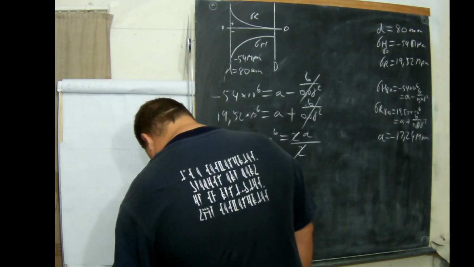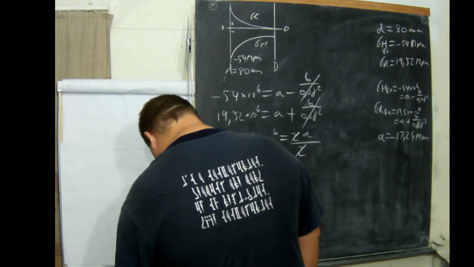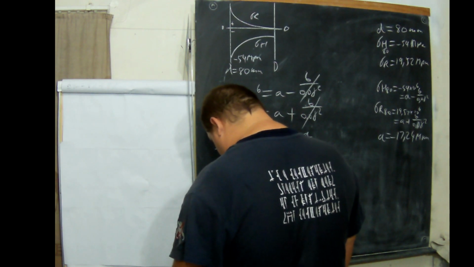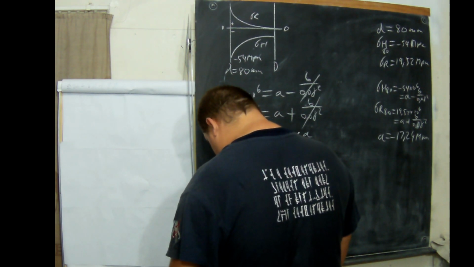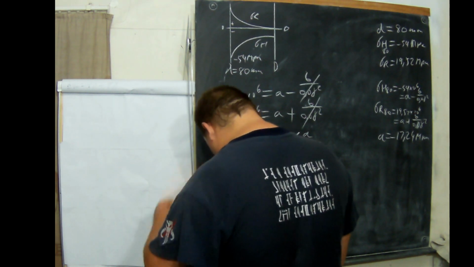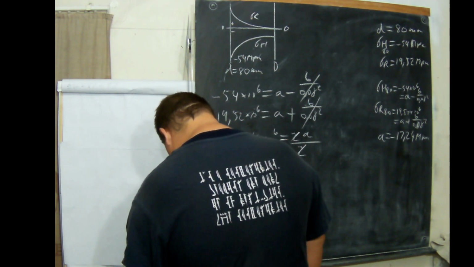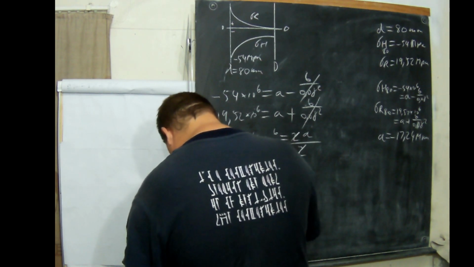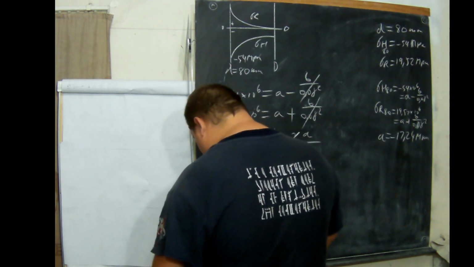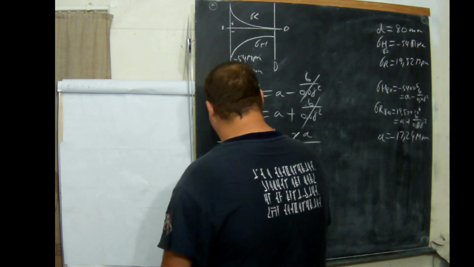Now all we have to do is work out B. How we work out B is we substitute into equation 2, because it's a positive number.